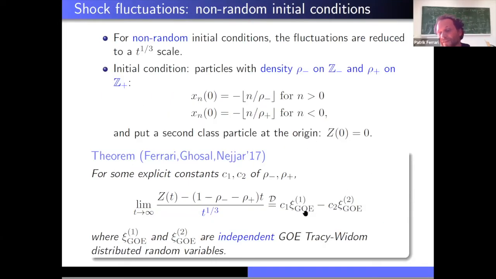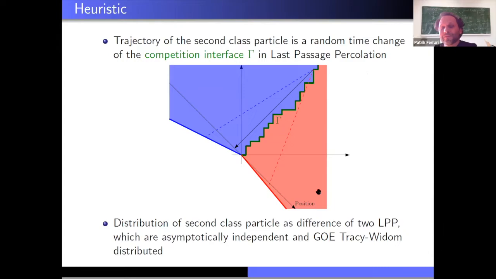The Gaussian for this case is coming from the initial condition because we have random initial condition. Now, one way to understand this, if you know what the competition interface is, and if you don't, maybe I don't have time to explain why, is this: the initial condition with 2 densities corresponds to last passage percolation starting from this line and then continuing on this line.